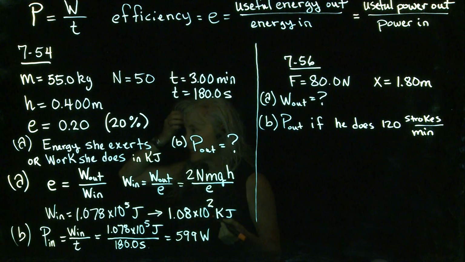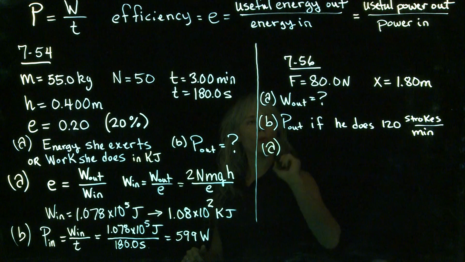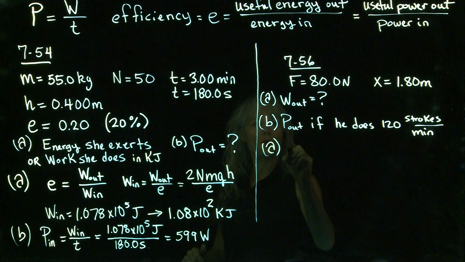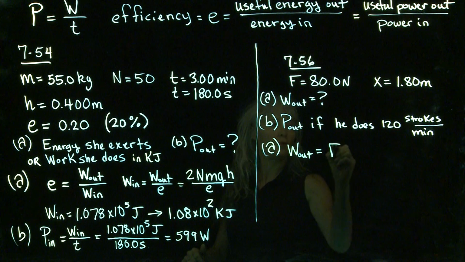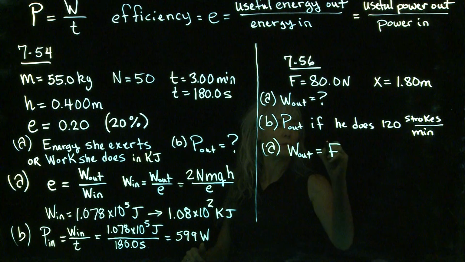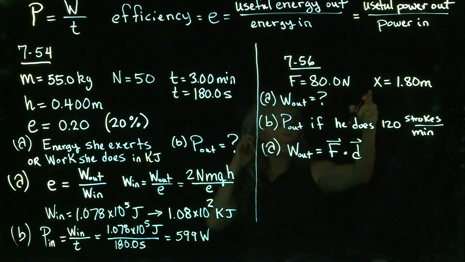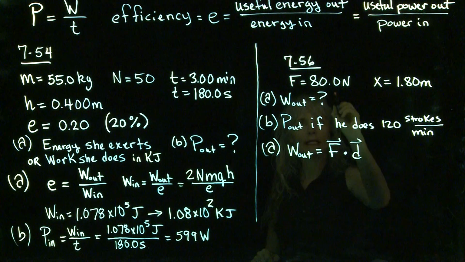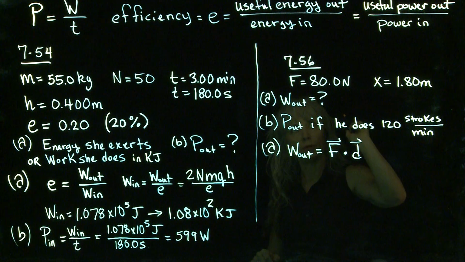In A, we want to know what the work out is. So work out is going to be equal to the force exerted dotted into the displacement. Here we're using the symbol x for displacement, and in the problem statement, we're told this is the horizontal component of the force.